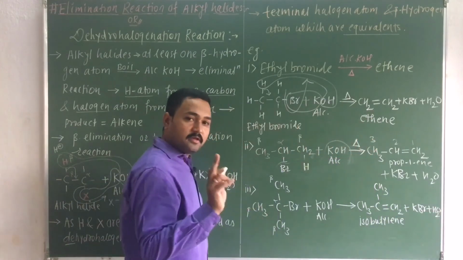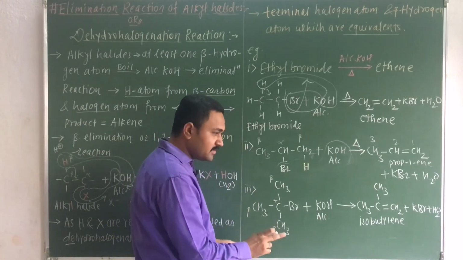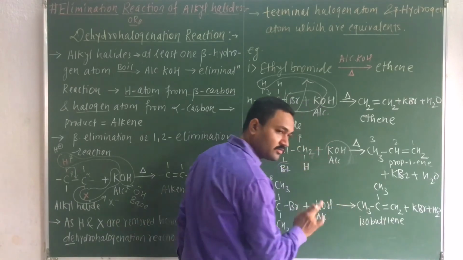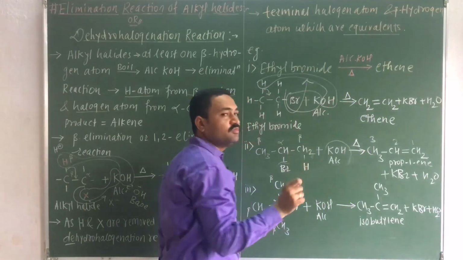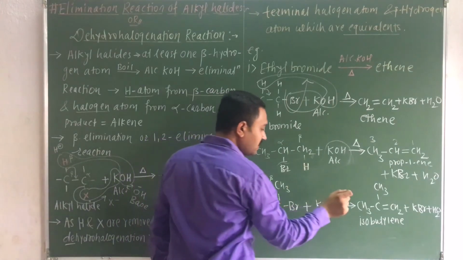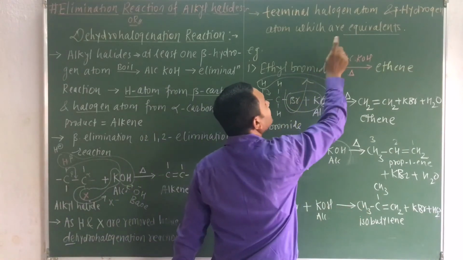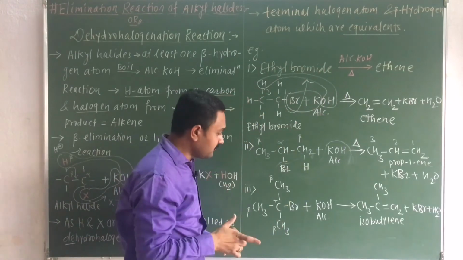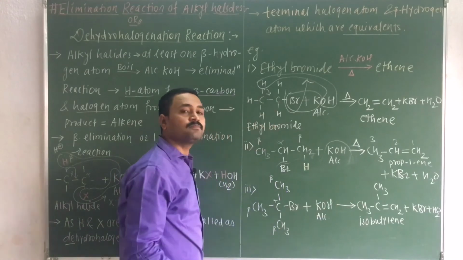Remember here you can remove the beta hydrogen atoms from any carbon atom, you will obtain this same product. So this particular beta hydrogen atom which gives the same product is known as an equivalent hydrogen atom. Remember, and here we will get isobutylene as a product.